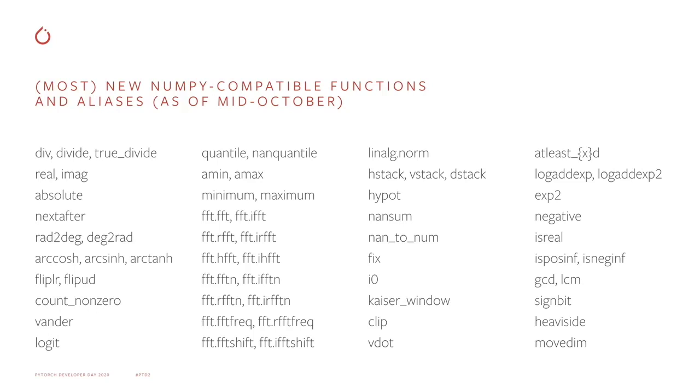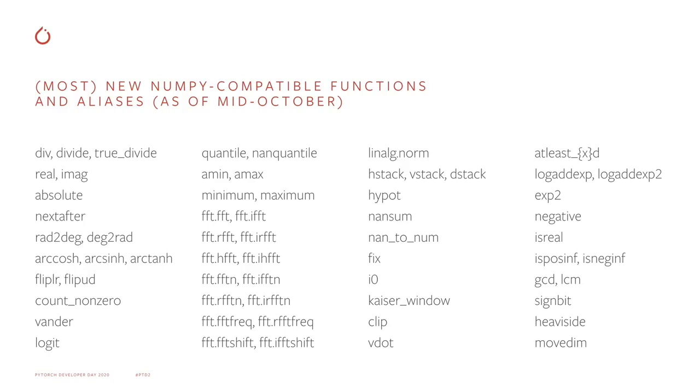For example, we've added a slew of functionality related to fast Fourier transforms. We have new functions for computing statistics, like torch.quantile. We have helper functions for manipulating tensors, like hstack, vstack, and dstack. We even have the 0th order modified Bessel function of the first kind.